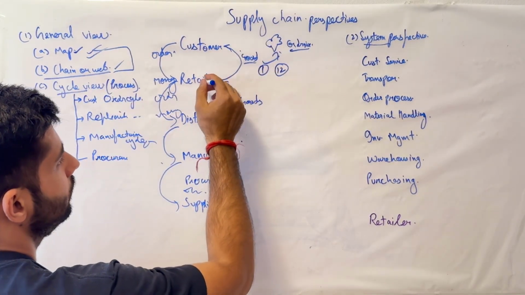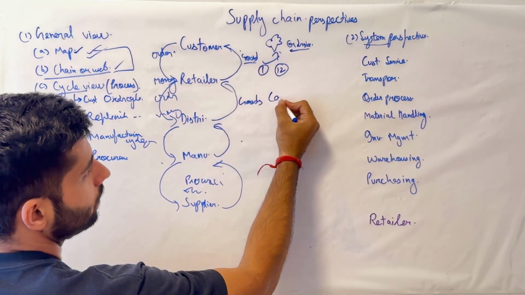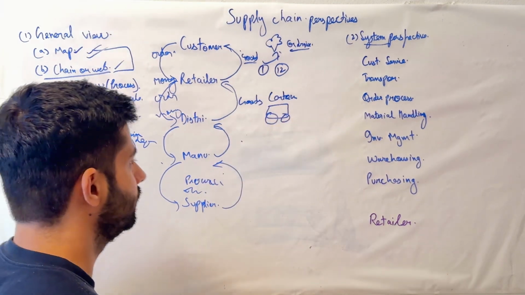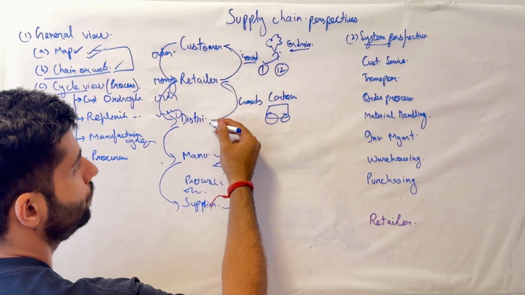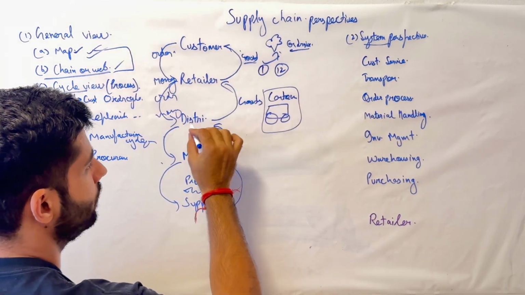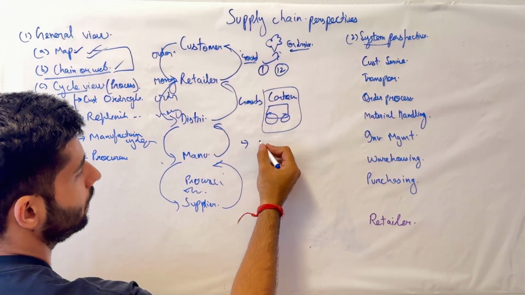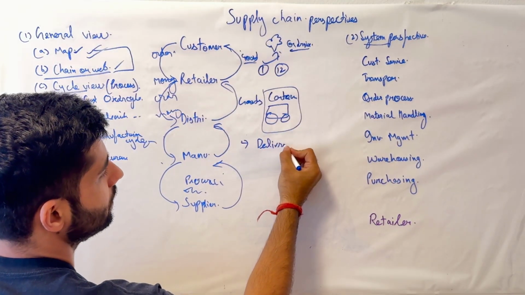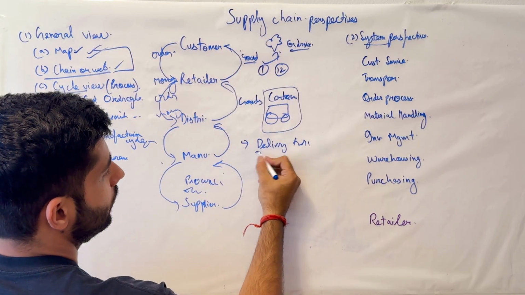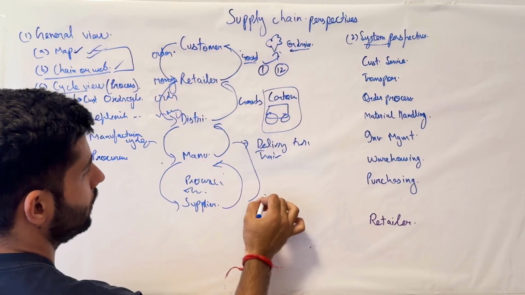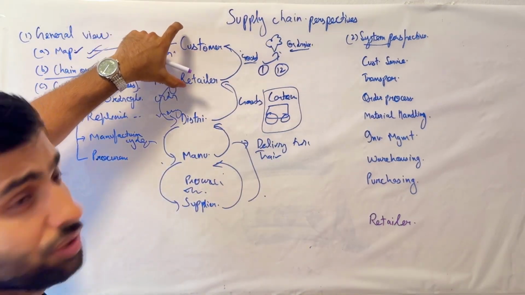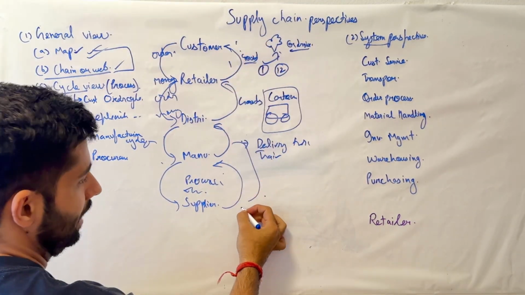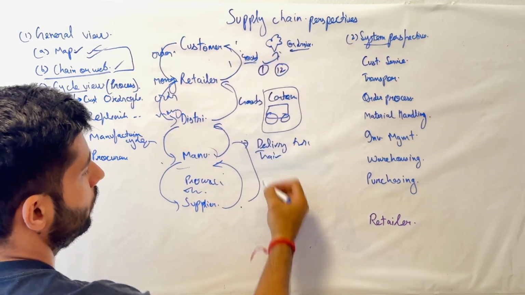On the other hand, when the retailer places an order with distributors, it could be cartons, or even truckloads. When the distributor has to fulfill this carton-based order, it is going to order even train loads or anything. So basically what I'm trying to say is, even if there's a very small demand here, there's an effect that makes this demand multiply by the time it reaches the supplier. This effect is called the bullwhip effect.